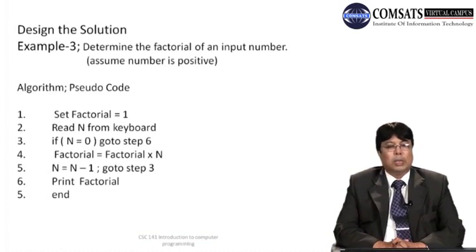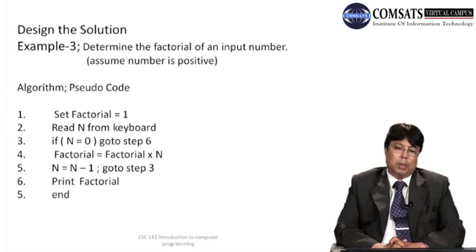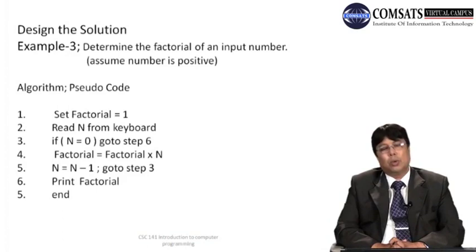Okay, so let us develop the algorithm pseudocode for computing the factorial of a number. Here I would like to caution you that when you write your program for computing the factorial, please do not use a very large value of n.